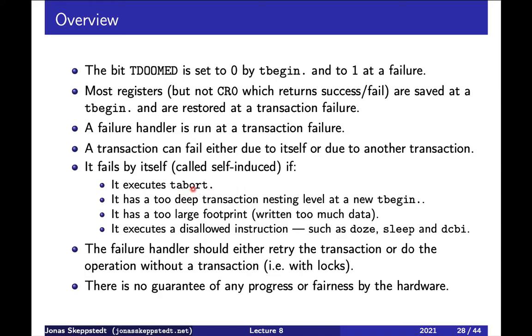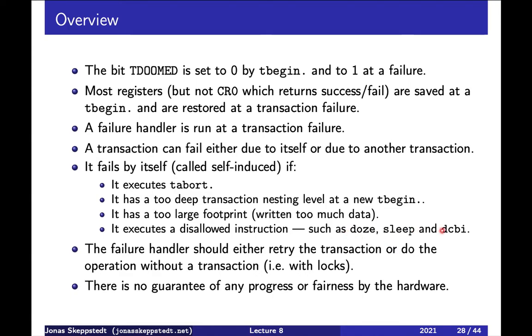One way is to execute the abort. Another is exceeding some hardware limitations: how many nested transactions are allowed, or how much data is allowed to be written, or which instructions are not permitted.